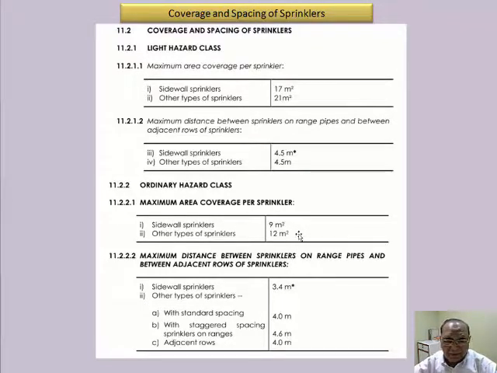Maximum distance between the sprinklers on range pipes and between the adjacent rows of sprinklers for the ordinary hazard must be 3.4 meter, and with the standard spacing it is 4 meter. That is for the sidewall sprinklers, and this is the standard spacing.